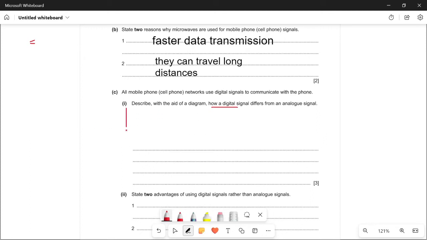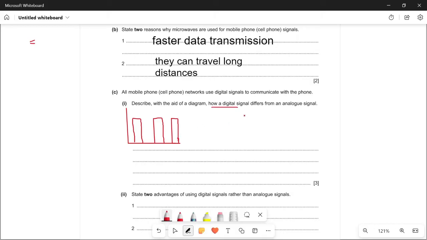If we graph it, it would be something like this. So this is the first value, and then it would be off. They would have equal lengths, and then we would have off, and then this is on. So this is roughly the diagram for a digital signal.